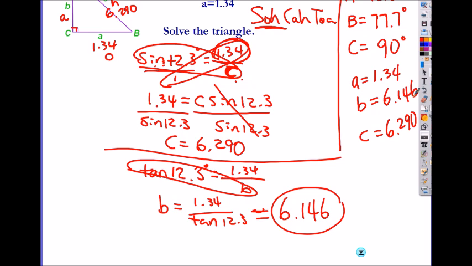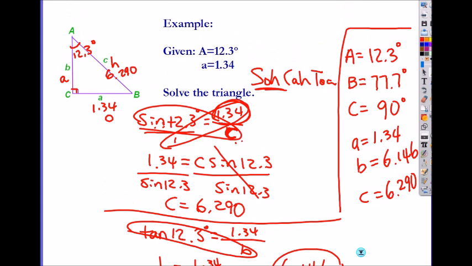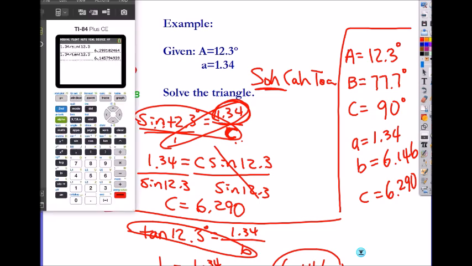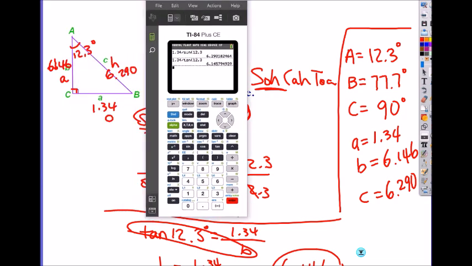Okay. And what would you do to double check your answers? So now I'm going to go ahead and plug into the Pythagorean theorem to double check our answers. So what's the hypotenuse? 6.290 squared, press enter.